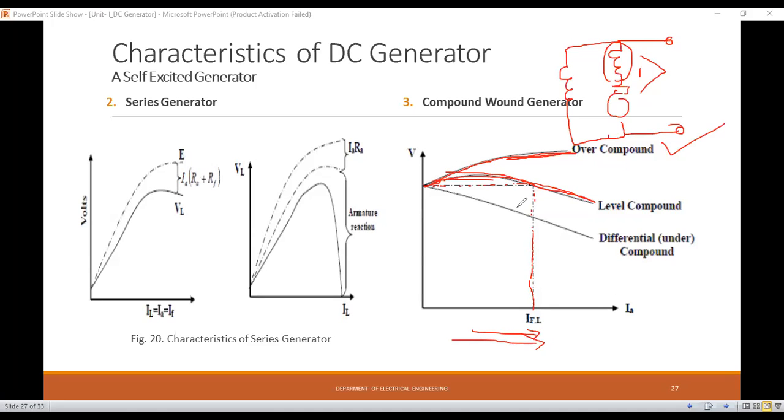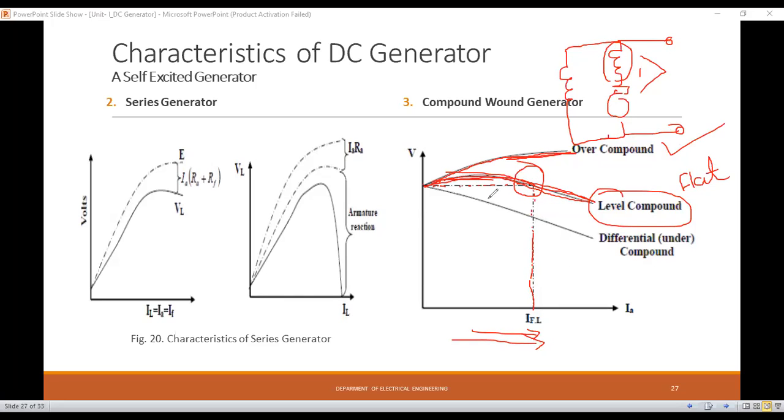Okay, जर आपण series field winding अशा adjust करतोय, जर load current increase झाला तर terminal voltage will be substantially constant. Terminal voltage काय असेल, constant असेल. So terminal voltage is constant, so that we can call it a level compounded, or it is also called flat compounded. त्याला flat compounding म्हणतात.